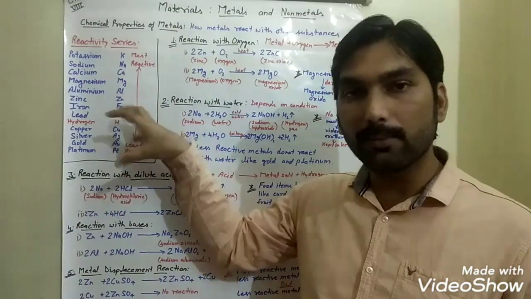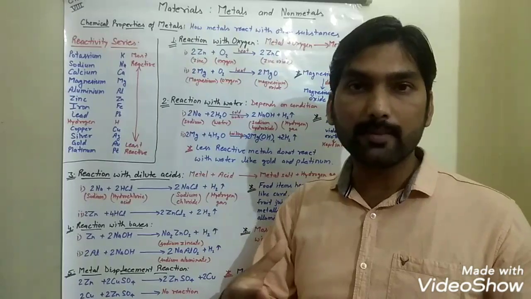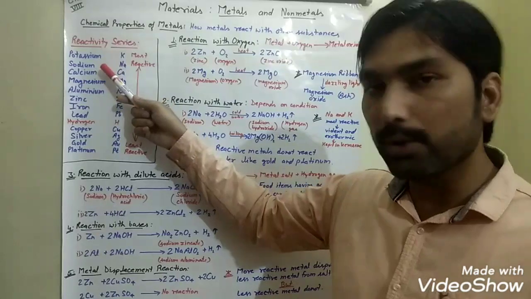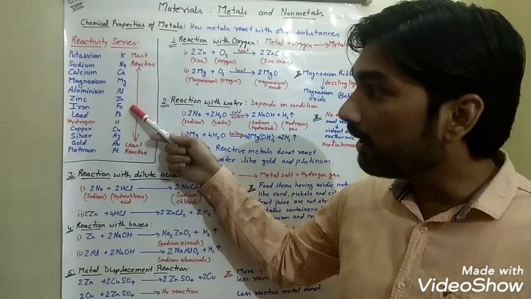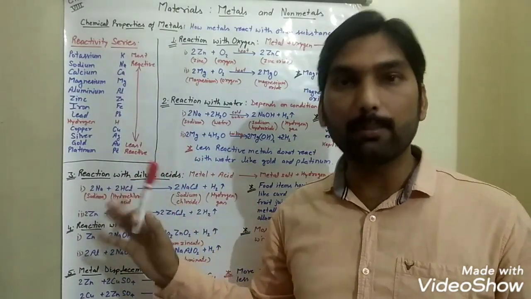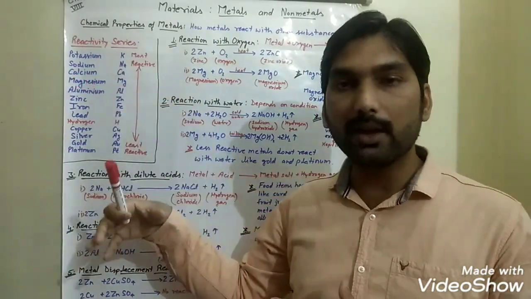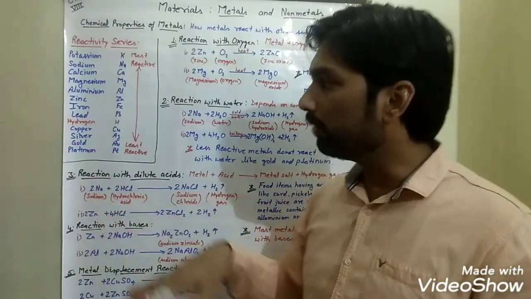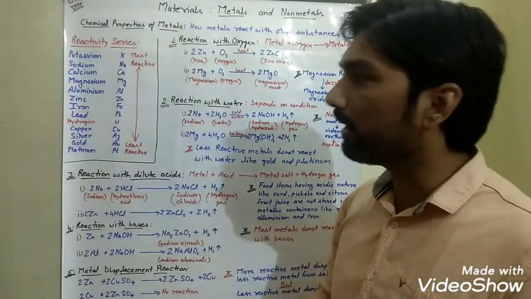I have written a few of the metals which you are aware of and may have heard in your daily life: potassium, sodium, calcium, magnesium, aluminium, zinc, iron, lead, hydrogen. Actually hydrogen is a non-metal, but to understand the reactivity series we place hydrogen in the middle, so that we can know which are the least reactive metals and which are the most reactive metals.